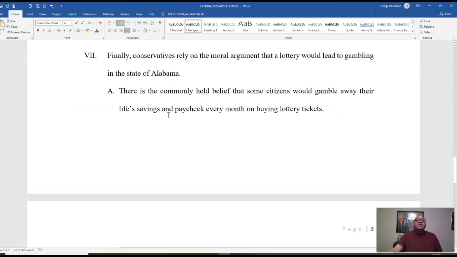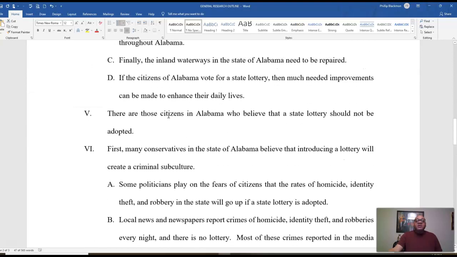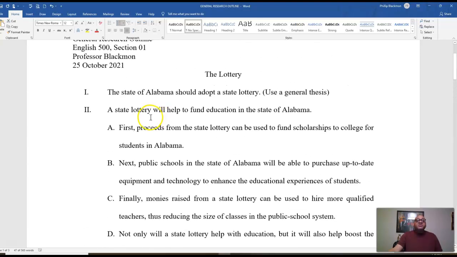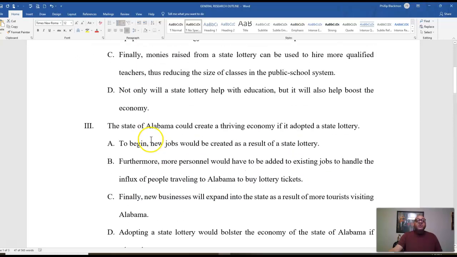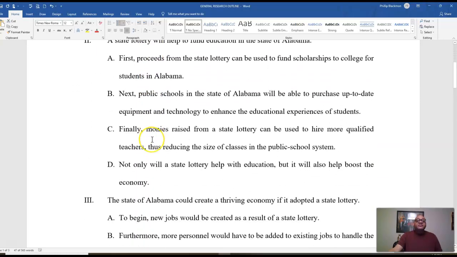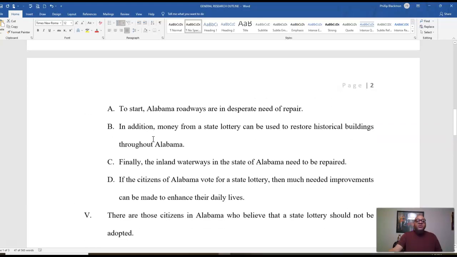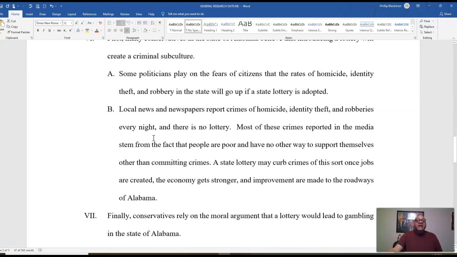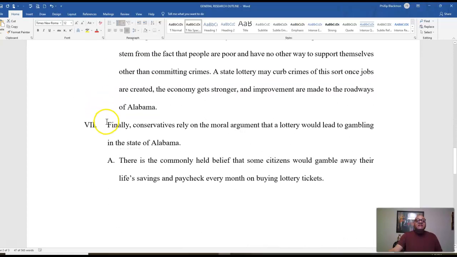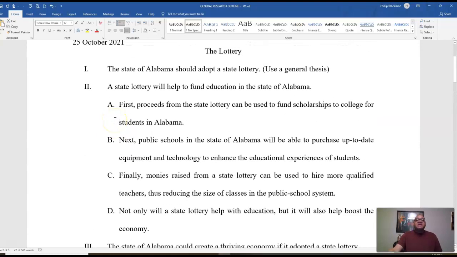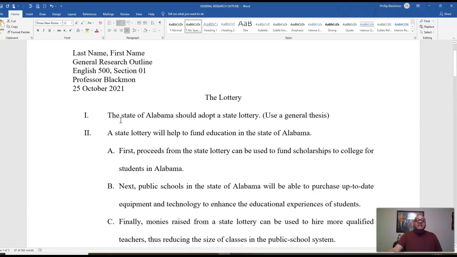Okay, that is the rest of your outline that I want you to work on. Roman numerals 2, 3, 4, the ABCD under Roman numerals 2, 3, 4, and A and B under 6 and 7. Remember, when you turn this in to me, your outline should have the same points as mine. Roman numeral number 1 is by itself.